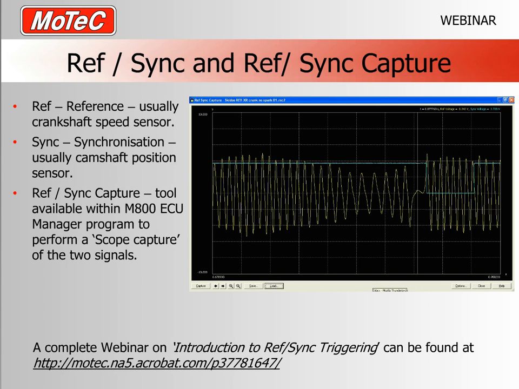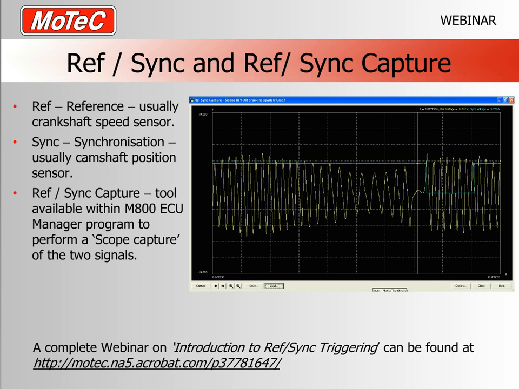The sync sensor, or the synchronization sensor, is the second sensor that we almost always use on a four-stroke engine, and that is almost always used as a camshaft position sensor. So the objective for this sensor is to identify which of the cycles of the two engine revs is the power cycle for the cylinder 1 top dead center, and that way in the use of a sequential injection system, the ECU knows which cylinder is to be firing in which order.